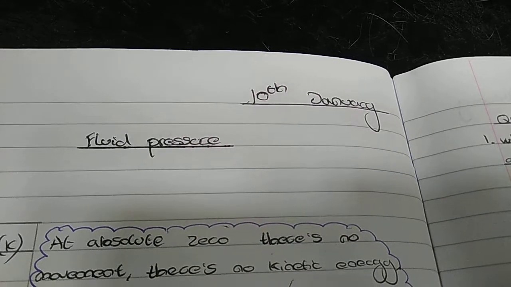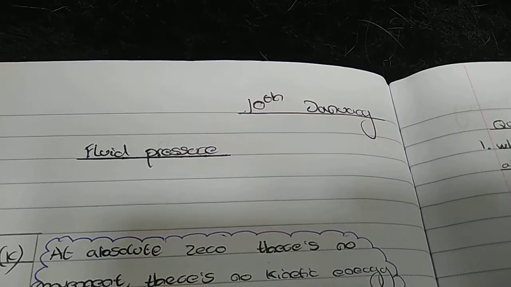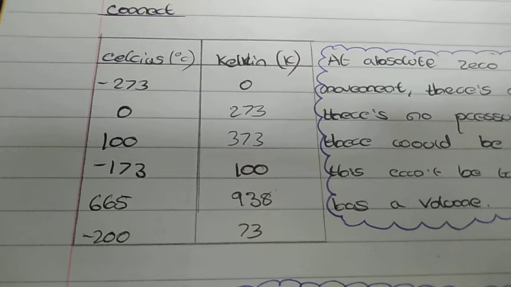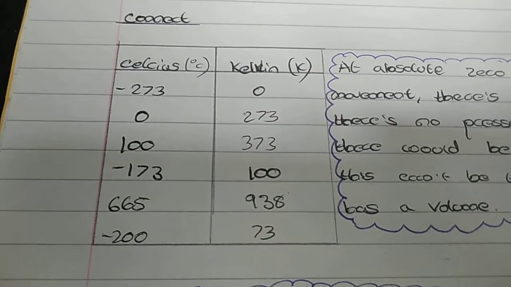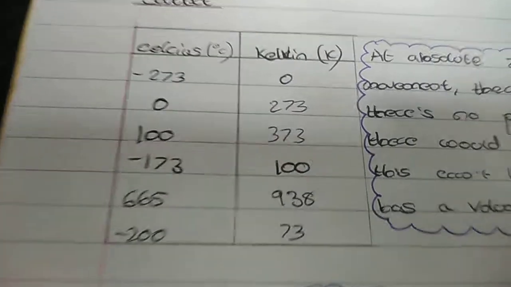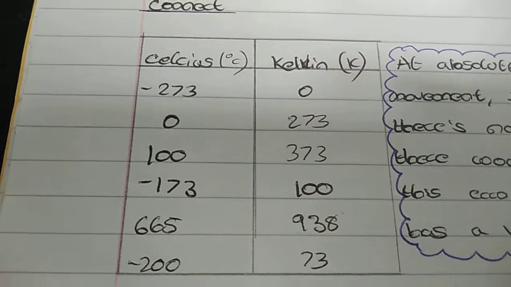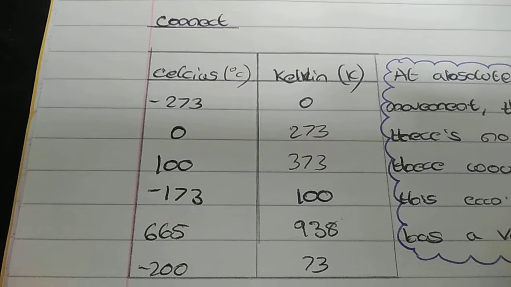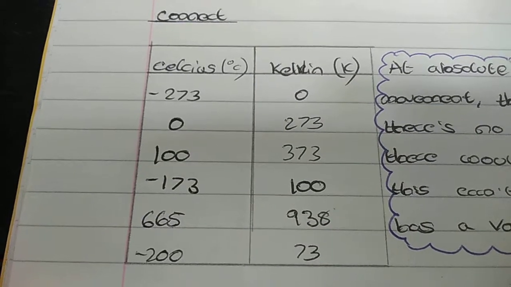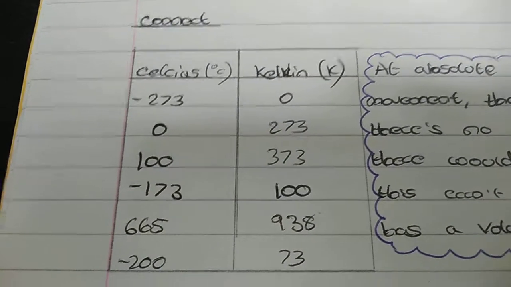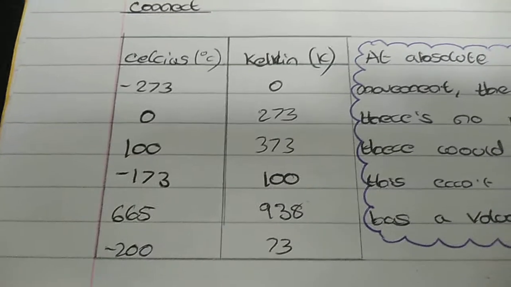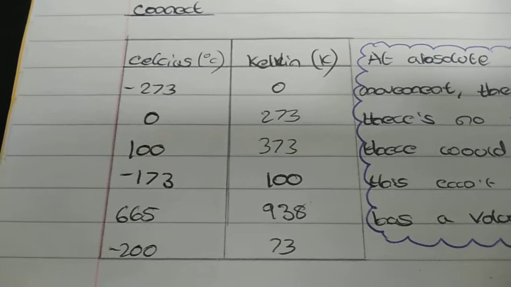Now then, let's get into some fluid pressure. Yes, that's how you say it. Converting Celsius into Kelvin, or if you're intelligent, Kelvin into Celsius. Minus 273 Celsius is 0 Kelvin. 0 Celsius is 273 Kelvin. 100 Celsius, which is the boiling point of water, is 373 Kelvin.